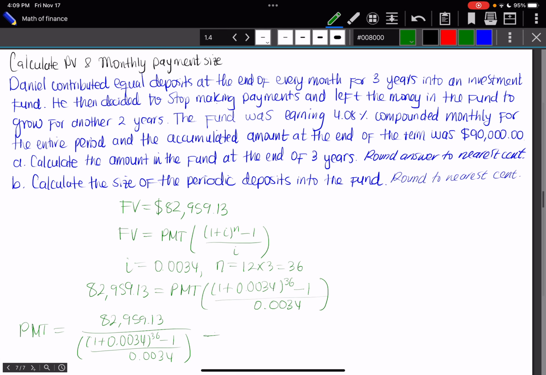So here you want to write 82,959.13 divided by bracket, and then bracket again, and then bracket again, 1 plus 0.0034 to the bracket 36, take away 1, close bracket, divided by 0.0034, and then close bracket.